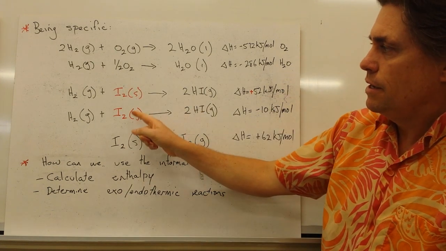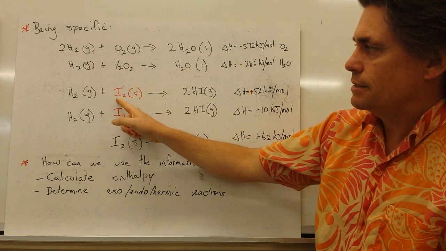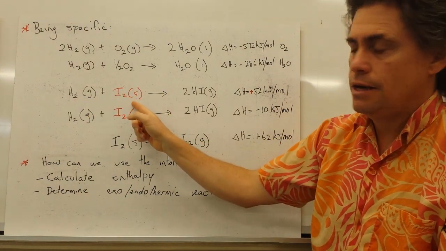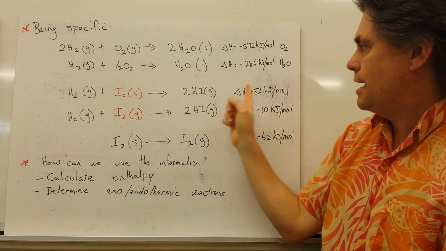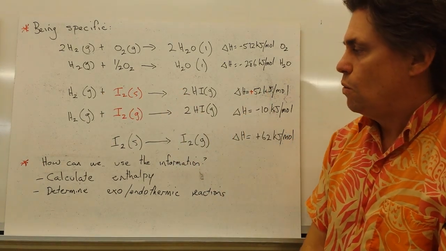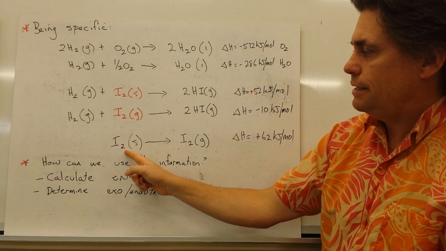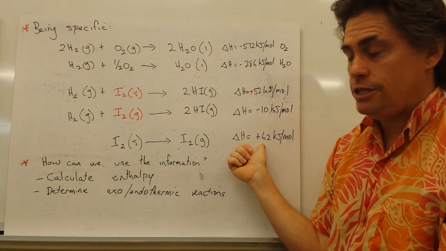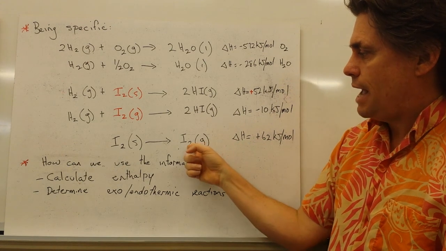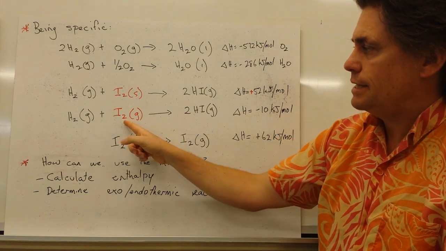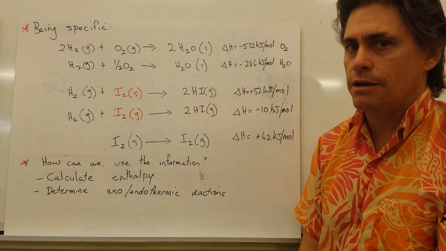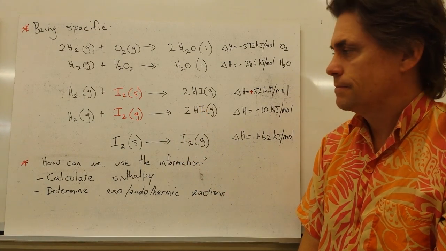So if our reactants are hydrogen gas and solid iodine, we can either add those two together and add heat to the system, or we can take our iodine and switch it to a gaseous form. Once again, we've got to put energy into the system and react this with our hydrogen gas here to form the same product, and it takes exactly the same amount of energy in both cases.